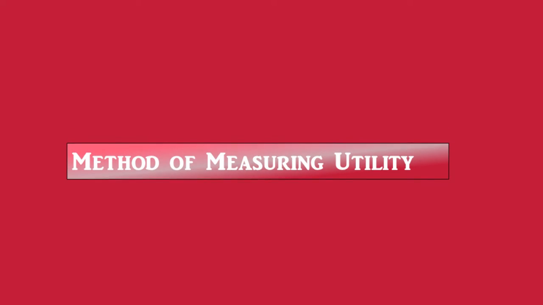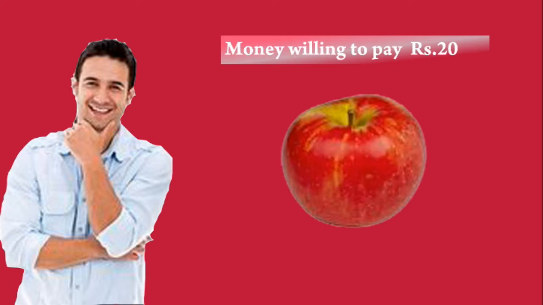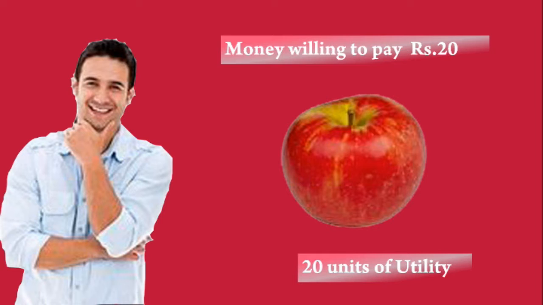They say the amount of money a consumer is willing to pay for a commodity is the utility of the commodity. For instance, if a consumer is willing to pay 20 rupees to consume an apple, then the utility he will get from the apple is 20 units.